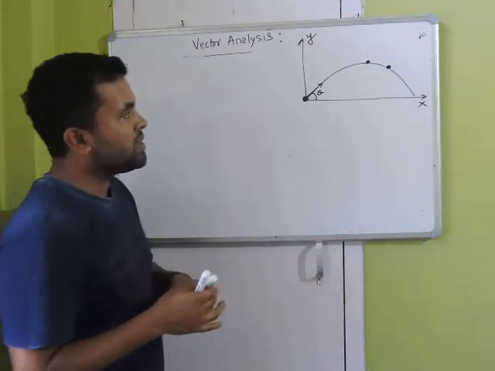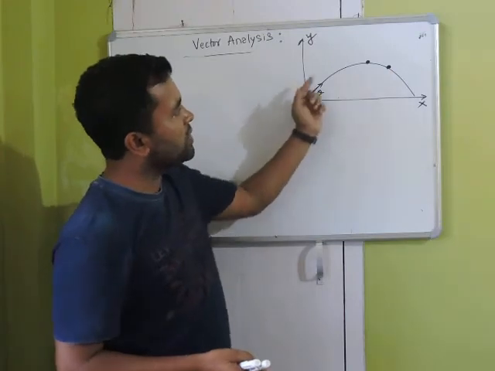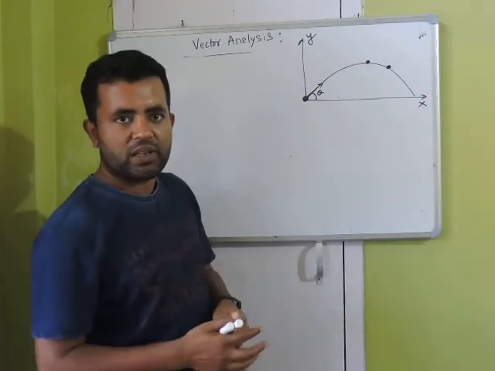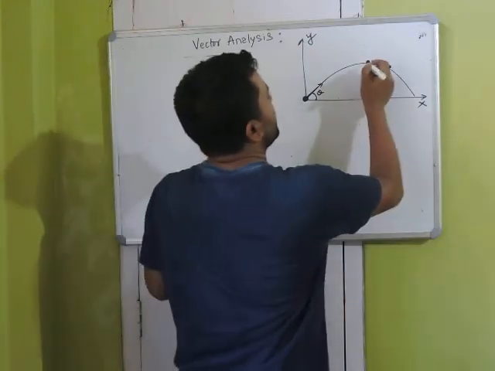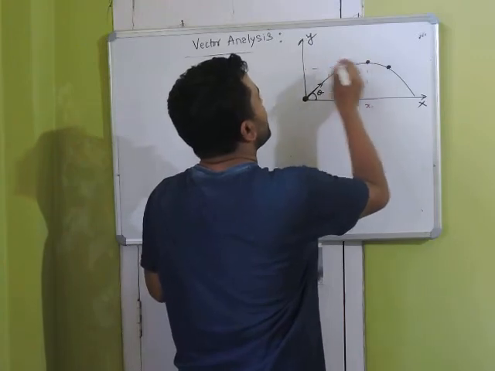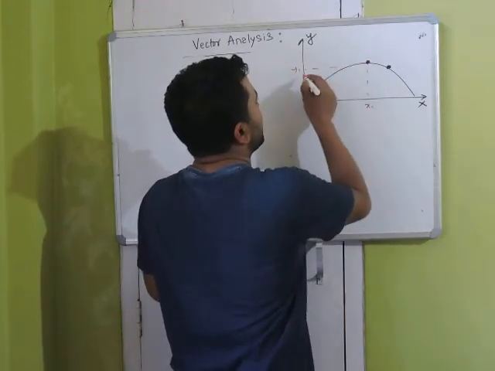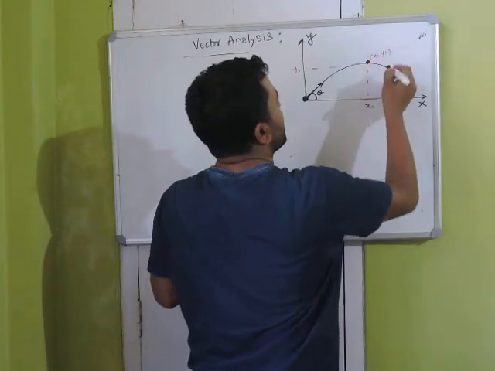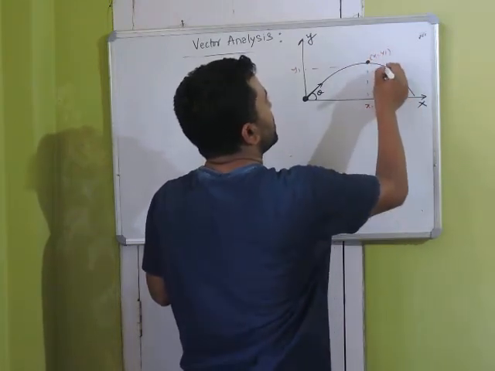Now you can see this is two-dimensional motion, so as the ball moves with respect to time, its x and y coordinates change, right? So when the ball is here, let us say this is x1 and this coordinate is y1, and when the ball is here, it's x2 y2.